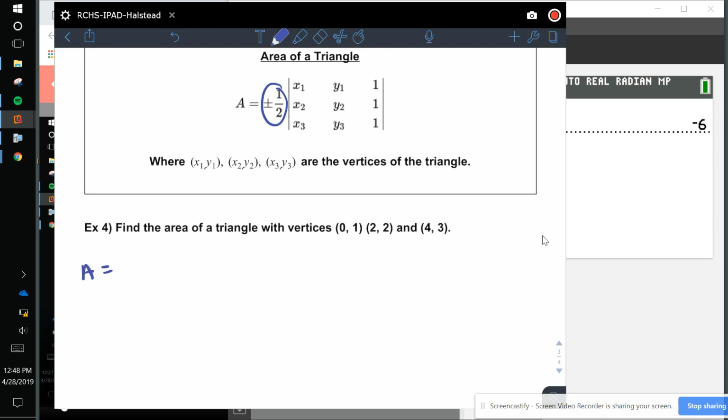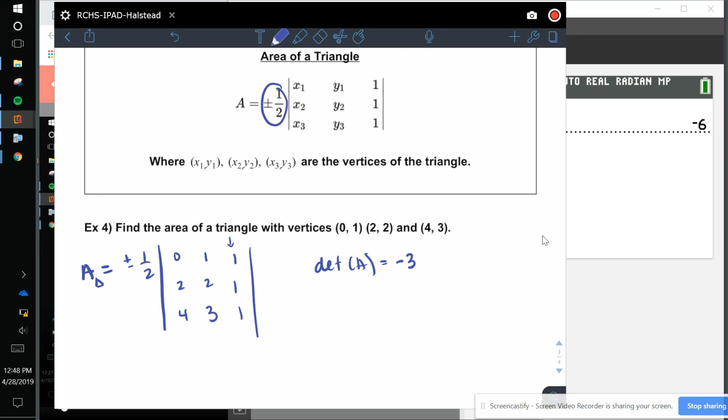So here we go. The area of the triangle is equal to plus or minus 1/2 times the determinant of 0, 1, 2, 2, 4, 3. What do we make this last column? All ones. So I got that the determinant of A is equal to -3.